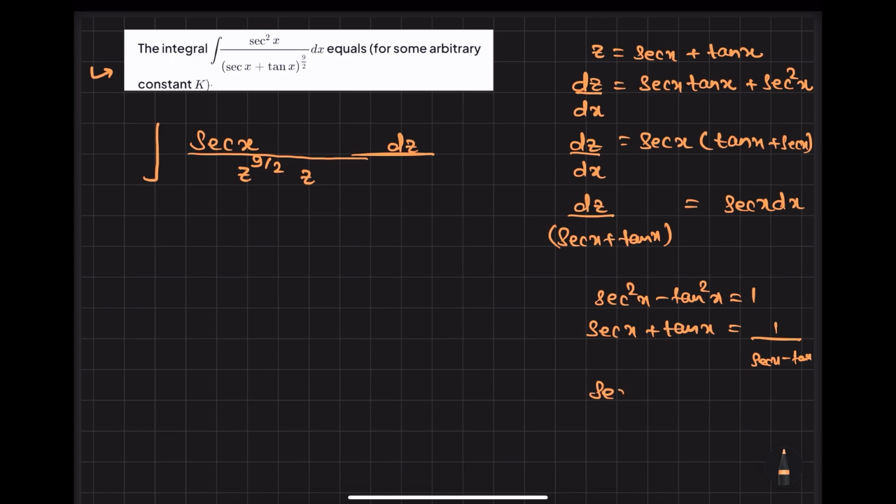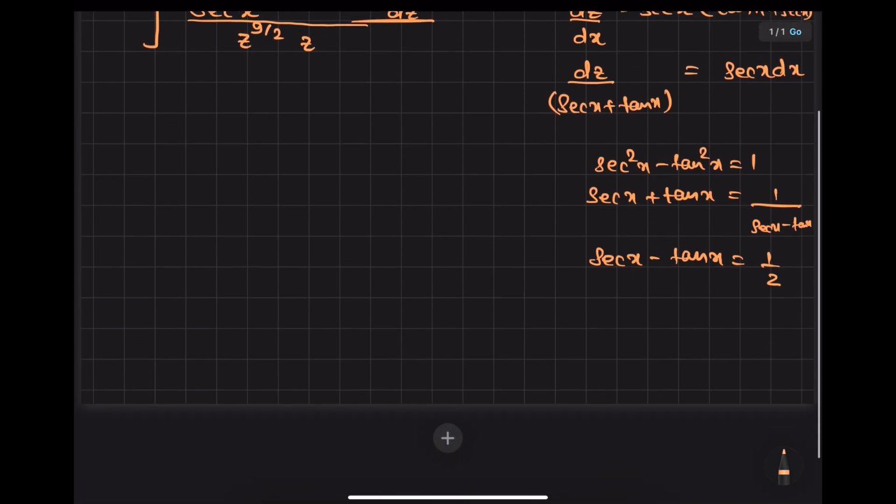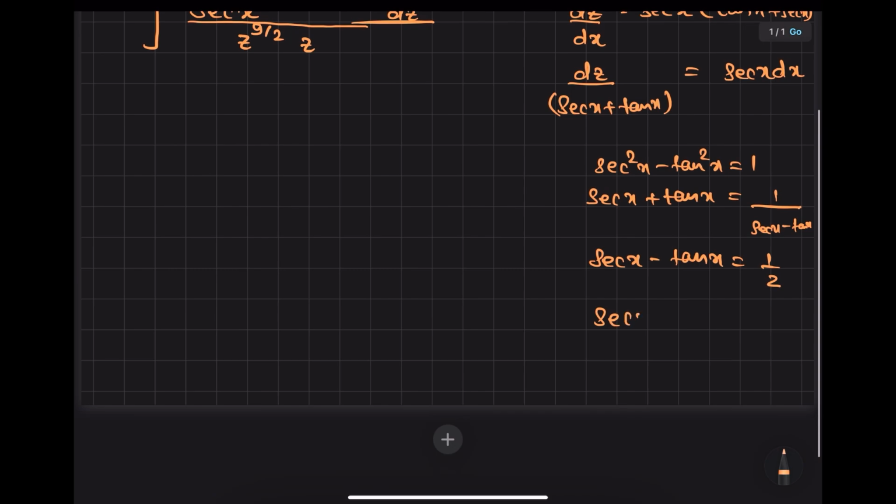So can I say that sec x − tan x is 1 by z? So we have two equations: sec x + tan x as z and sec x − tan x as 1 by z, and you have to find the value of sec x. Can I add both equations to get 2 times sec x equals z + 1 by z?